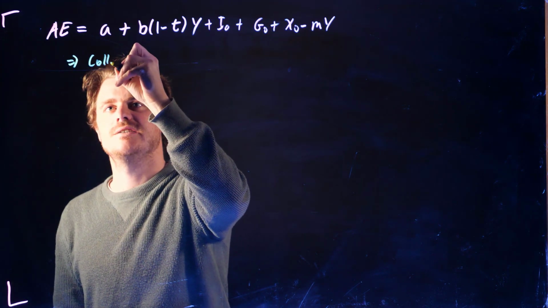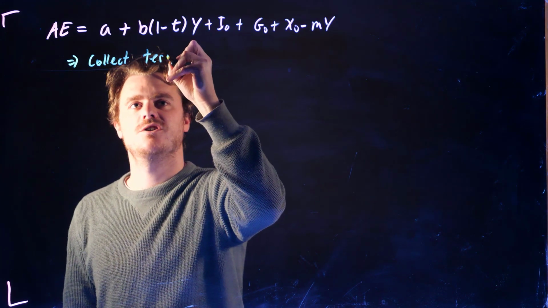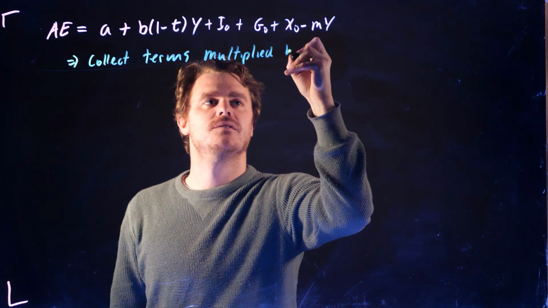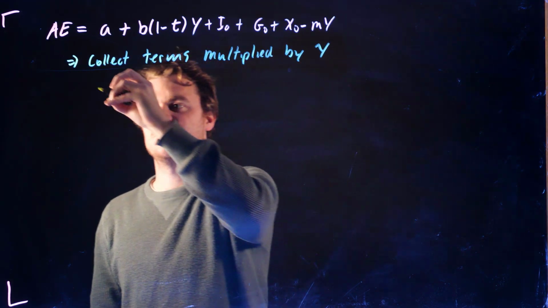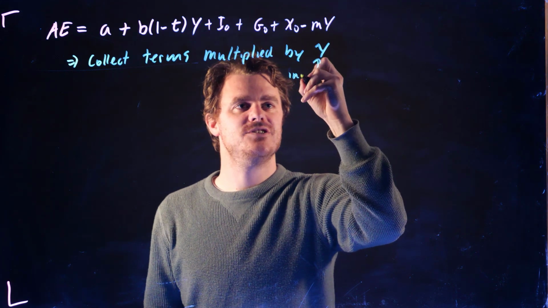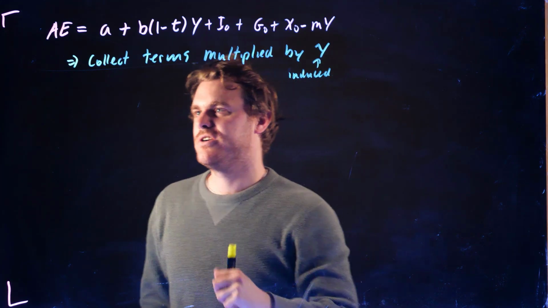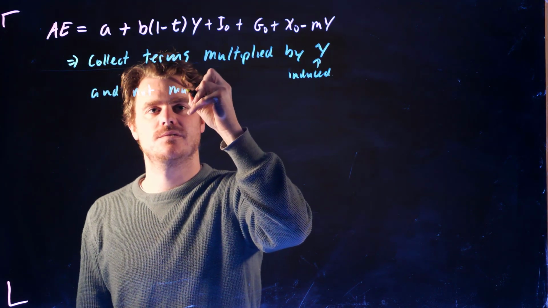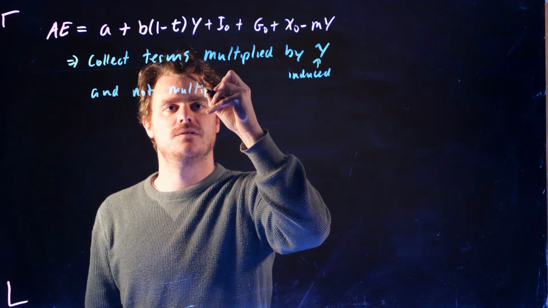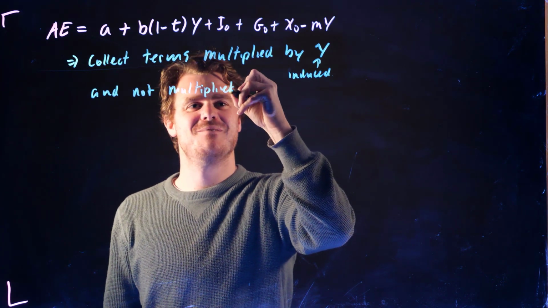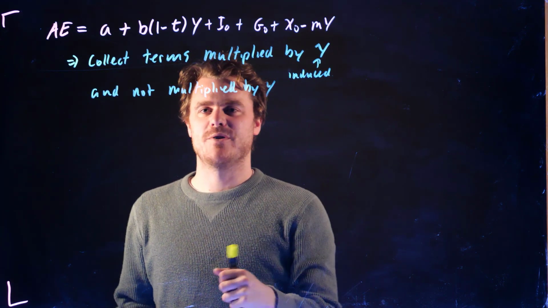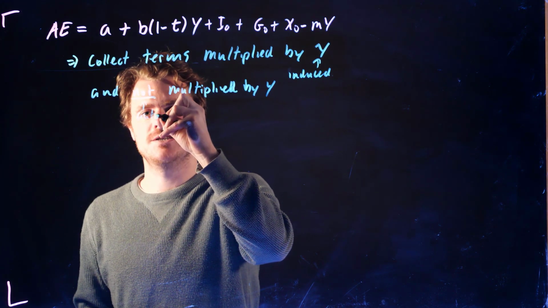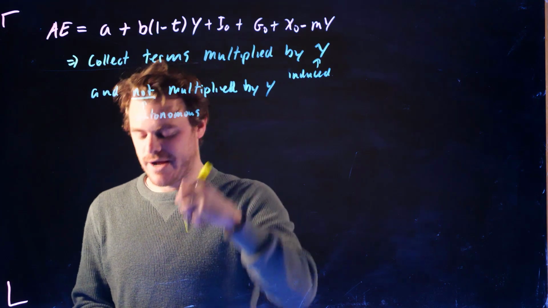Now we're going to collect terms multiplied by Y. So remember, this is induced expenditure. And not multiplied by Y, remember, this was autonomous. If it's not, that's what we call autonomous aggregate expenditure.